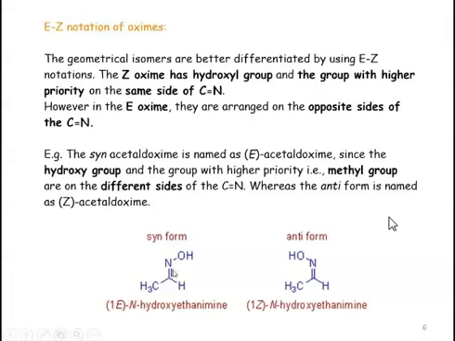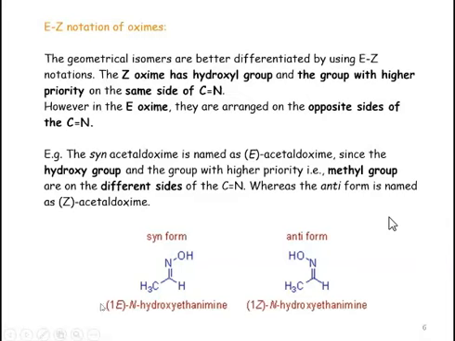To be specific, when we name this structure, it is N-hydroxy ethanimine. That is an amine which is having a double bond, hence imine. Clear? Here it is representing the syn form.